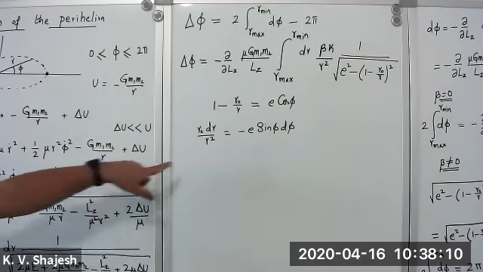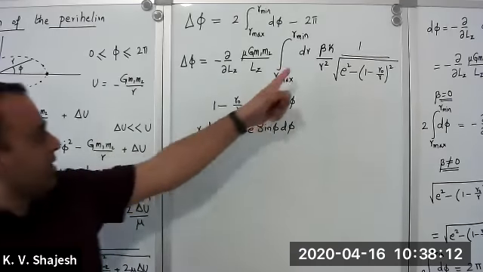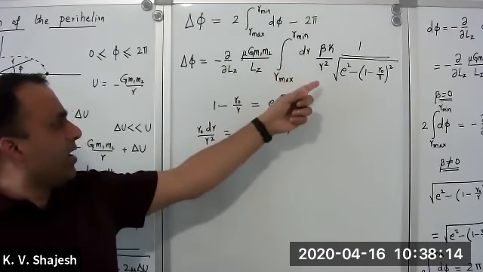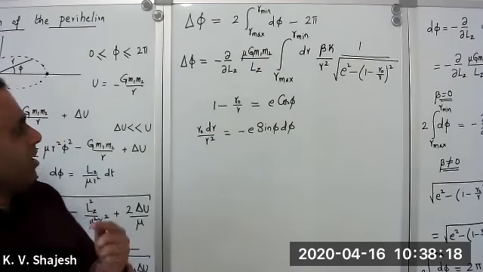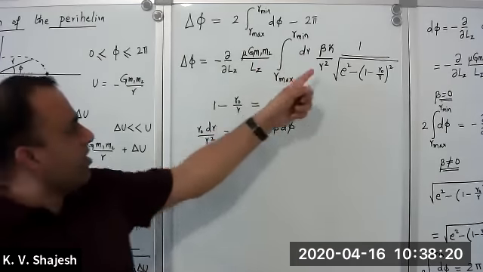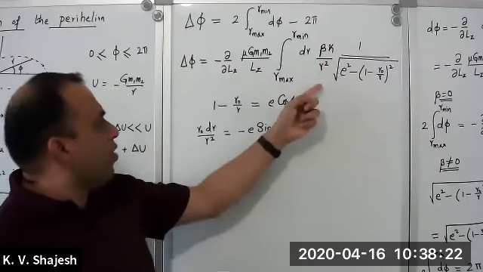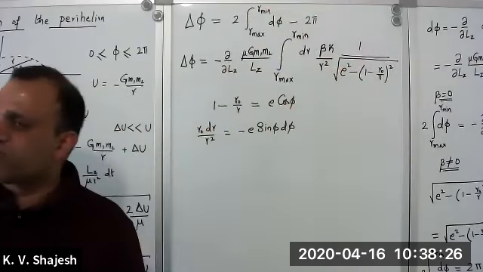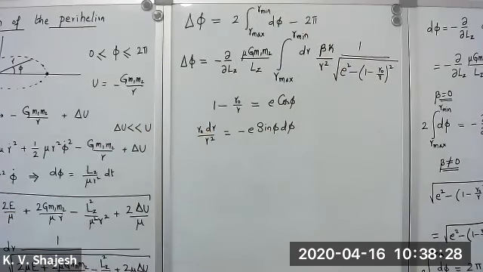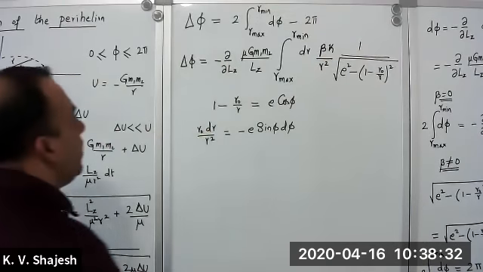Notice dr over r squared will get replaced with e sine phi. So that's the key. And if there were higher terms, it will be in 1 over r form, always in the numerator. All the trigonometric structures will be in the numerator, so it's not that I'm picking a very special quantity in there.